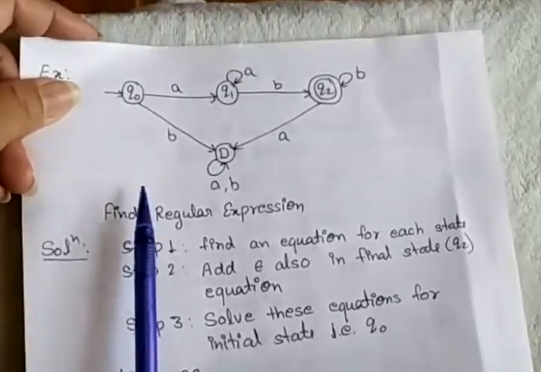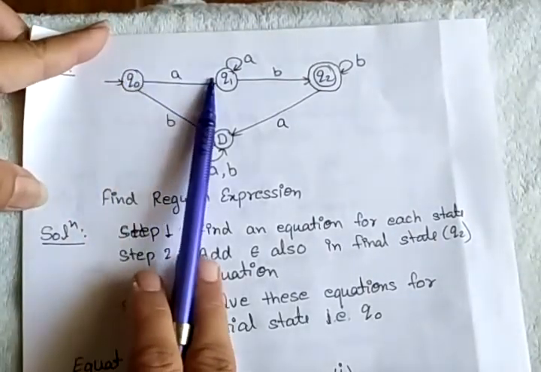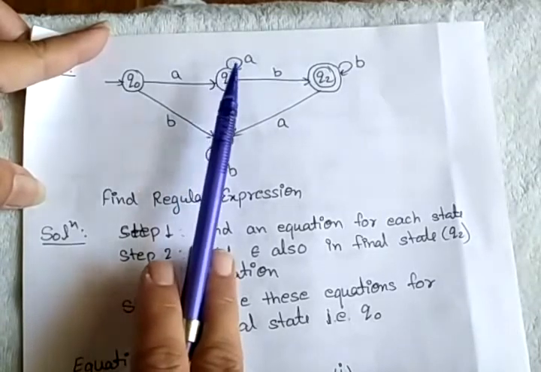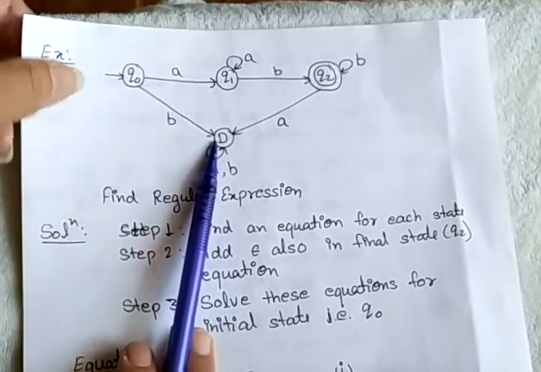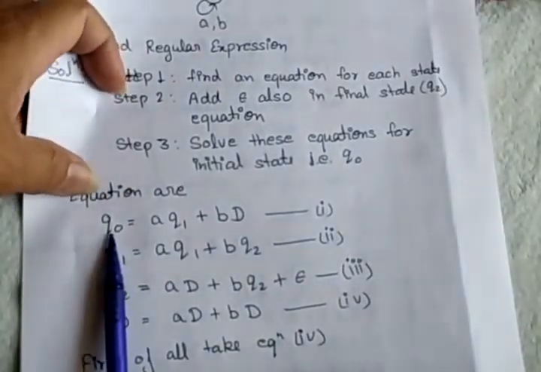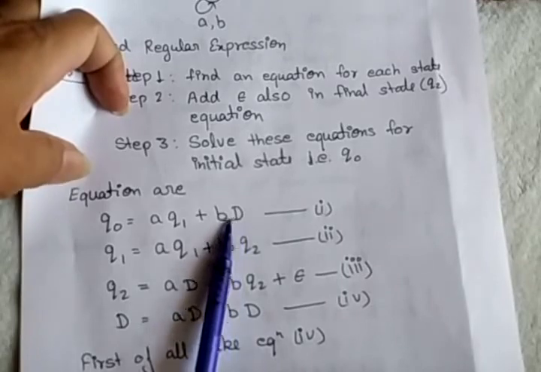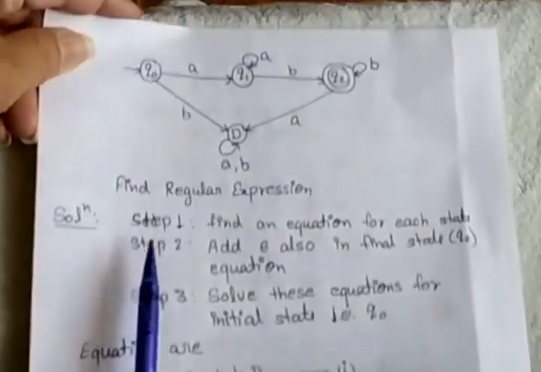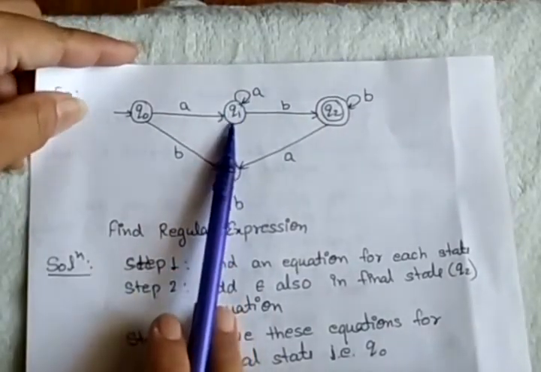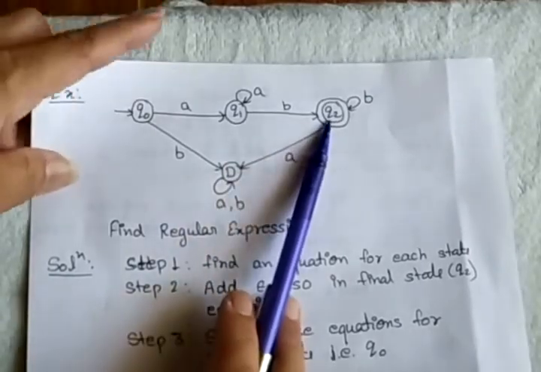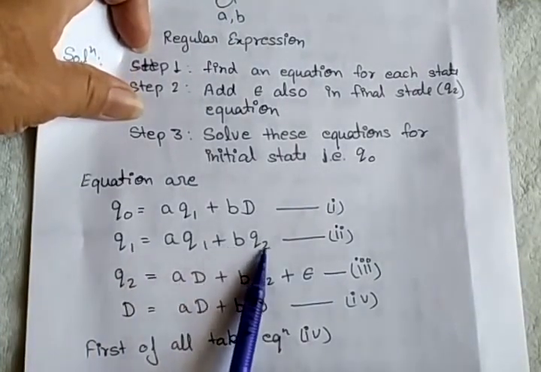For Q0, we will have Q0 is equal to A Q1 plus B D. For state Q1, we will have Q1 is equal to A Q1 plus B Q2.